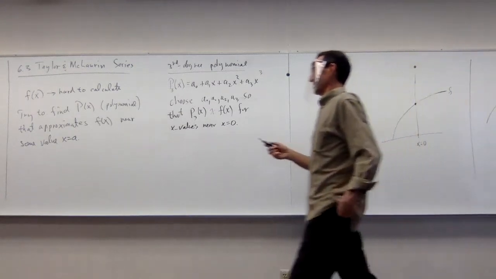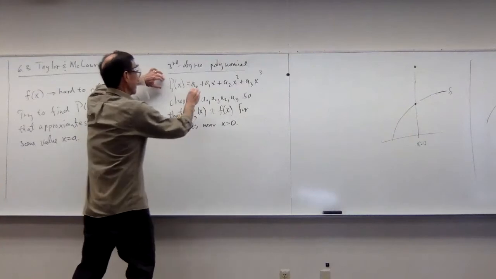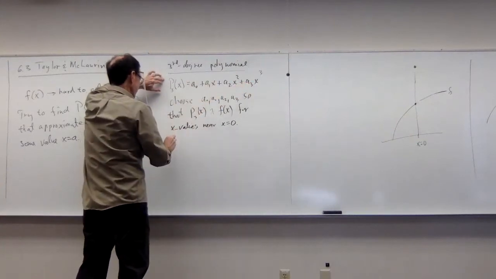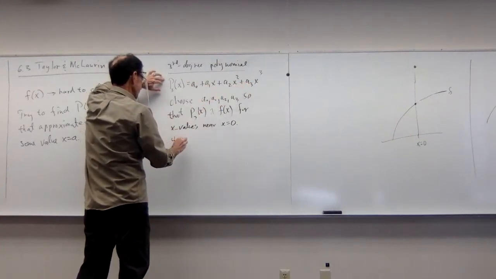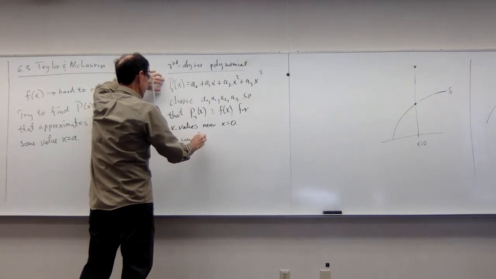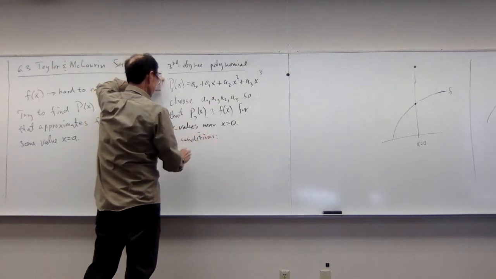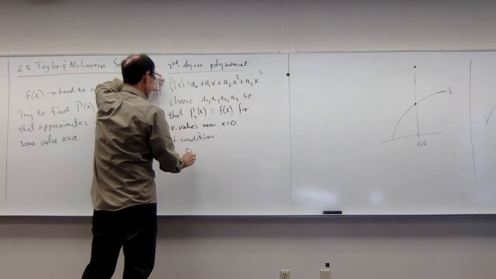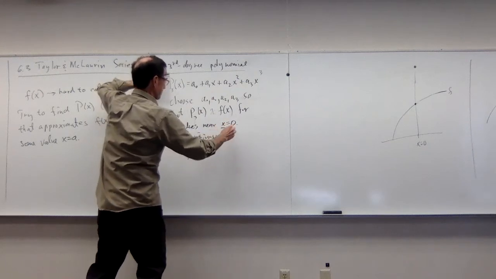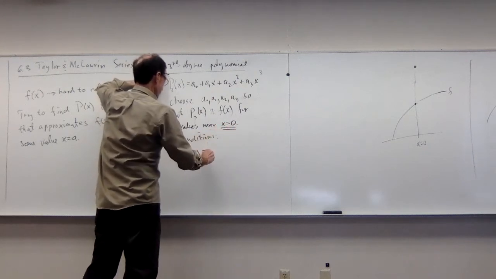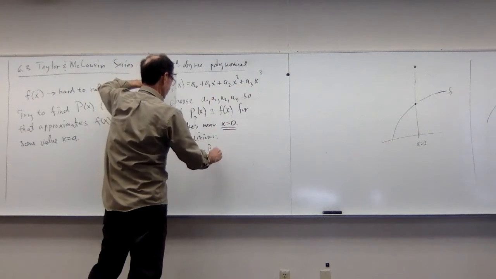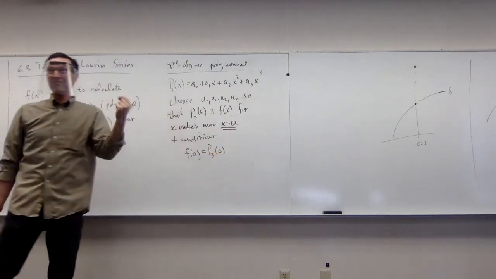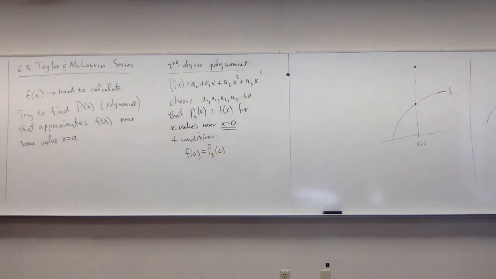So the very first thing we can do: to find 4 constants, we can establish 4 conditions. And the first one is that we want the function evaluated at 0, sort of arbitrarily choosing 0, to match the polynomial. We need them to have the same value where we're starting to make the approximation happen.